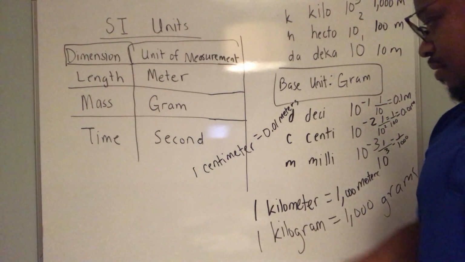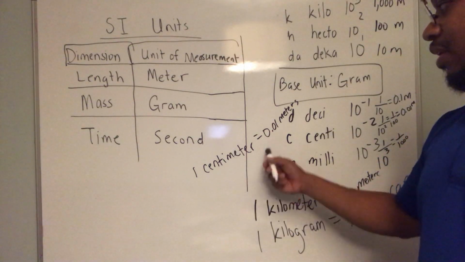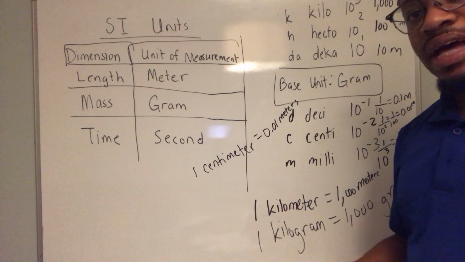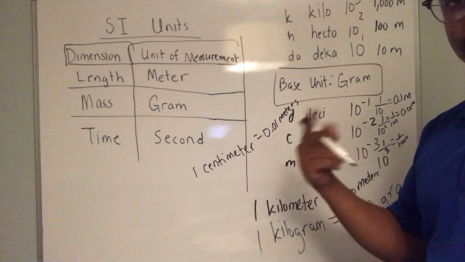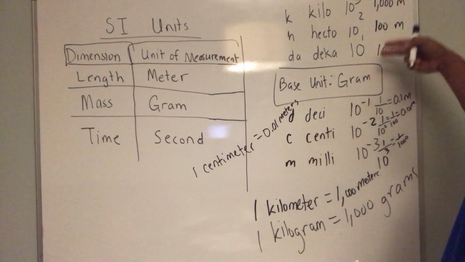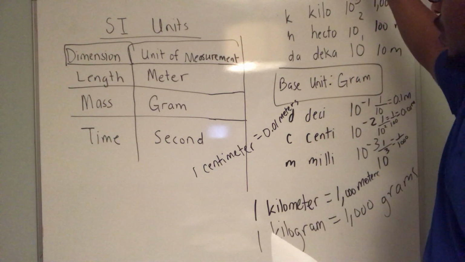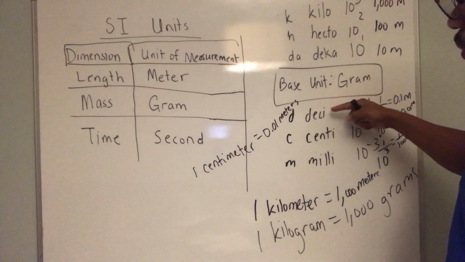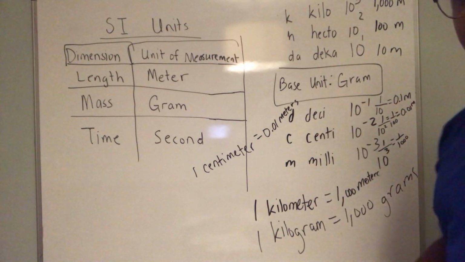Same thing if I had said 1 centigram would equal what? 0.01 grams. So you see, SI units just work with multiples of 10. That's all we're doing. As we move up, it gets 10 times bigger each time. When we move down, these are 10 times smaller as we go down.